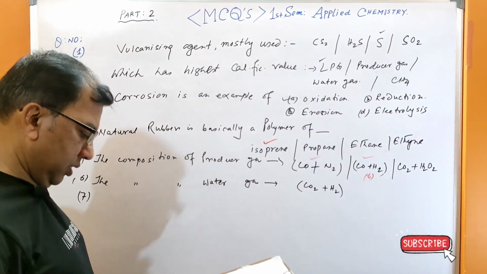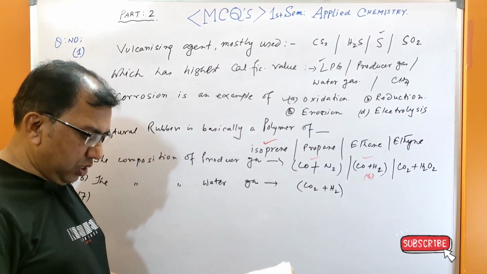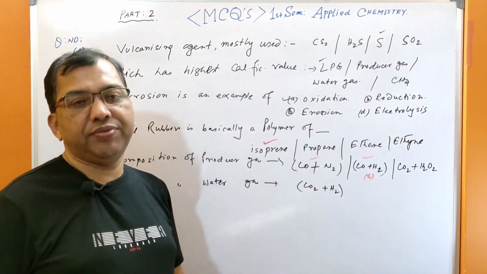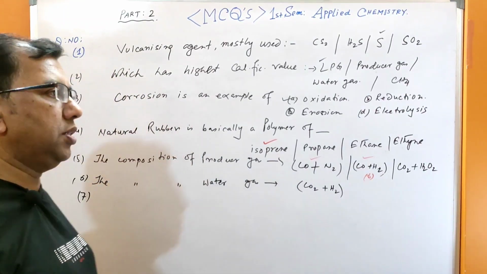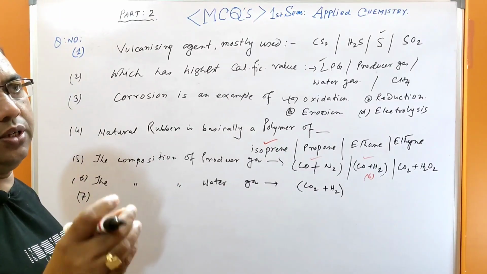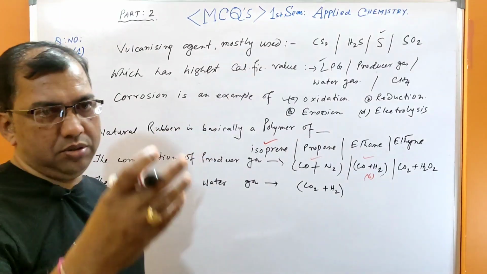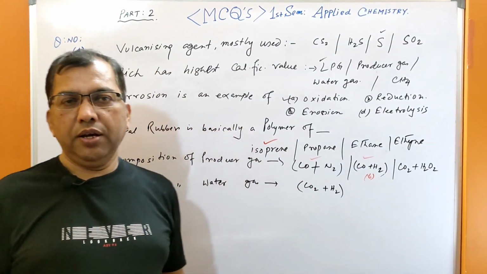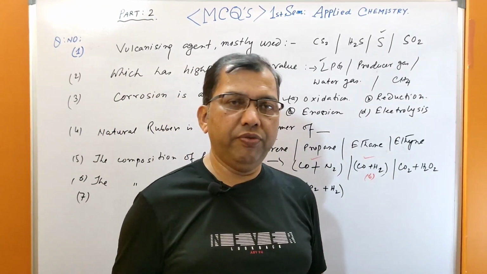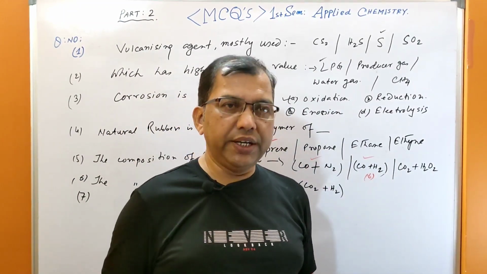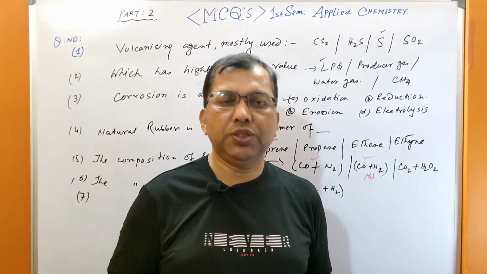Next, in the case of cement, what is the function of gypsum in cement? We are adding gypsum, mixing it just before crushing the clinker and making the cement. If some percentage, 2 to 6%, of gypsum is added, what is the function of gypsum?